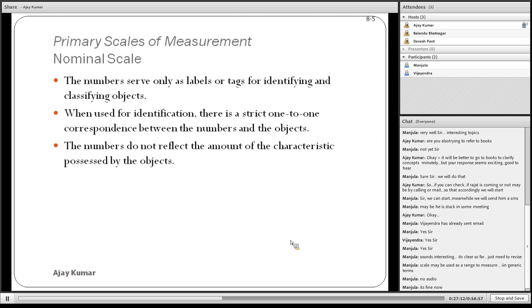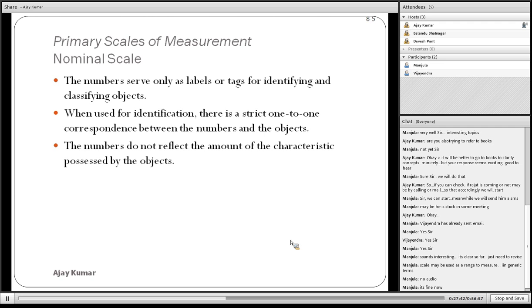So we say that name of the respondent along with father's name or maybe date of birth, that becomes a nominal scale. So date of birth, we expect that people would have a different date of birth, combining with name and all, so that would become nominal scale in research. So when we are talking about nominal scale, it has a strict one-to-one correspondence between the number and objects. One-to-one strict correspondence would mean only one person should have that number which is assigned into nominal scale.